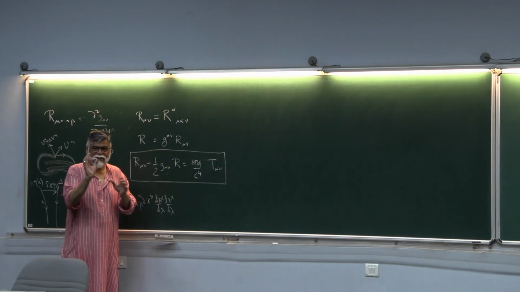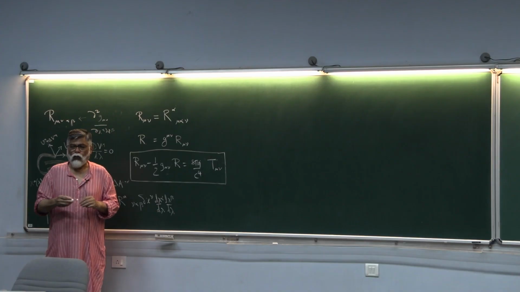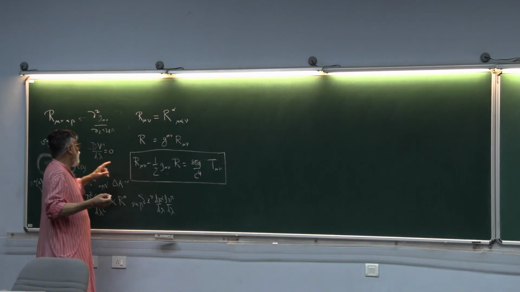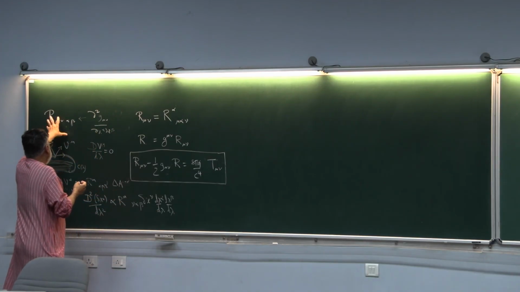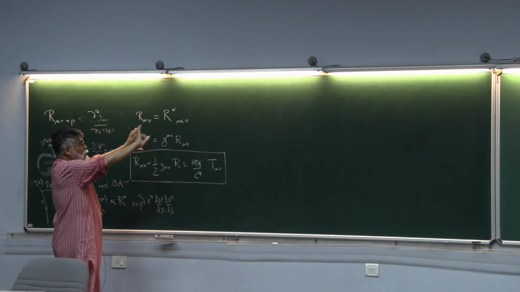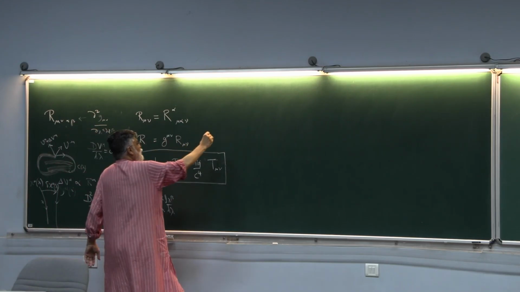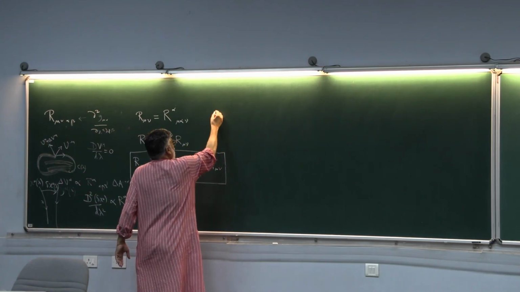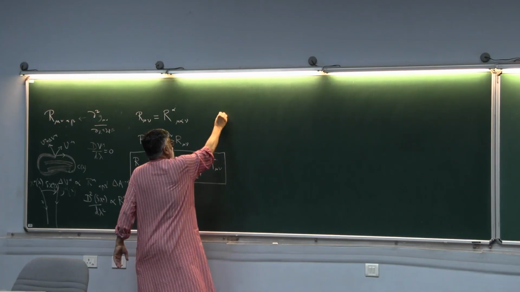The last thing I would like to point out: yesterday there were discussions about the Weyl tensor. You can obtain the Weyl tensor from the Riemann curvature tensor by subtracting the Ricci tensor terms, and I have the expression in my notebook.